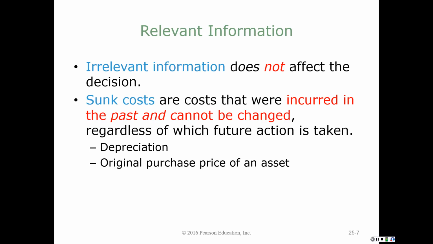Well, the price that you paid for that vehicle in the past, or any depreciation that you have taken in the past, is very important as far as financial information is considered, because we need to know the book value of that vehicle. But if we're looking at a short-term decision about whether to trade this vehicle in when we purchase a new vehicle, the price that I paid for it in the past, the amount of depreciation that's been taken in the past, are irrelevant because they are not going to change regardless of whether we keep the vehicle or we trade it in.